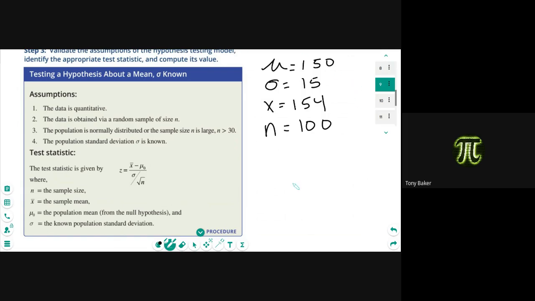All right, what's my z-score? We did 154 minus 150 over 15 divided by the square root of 100.